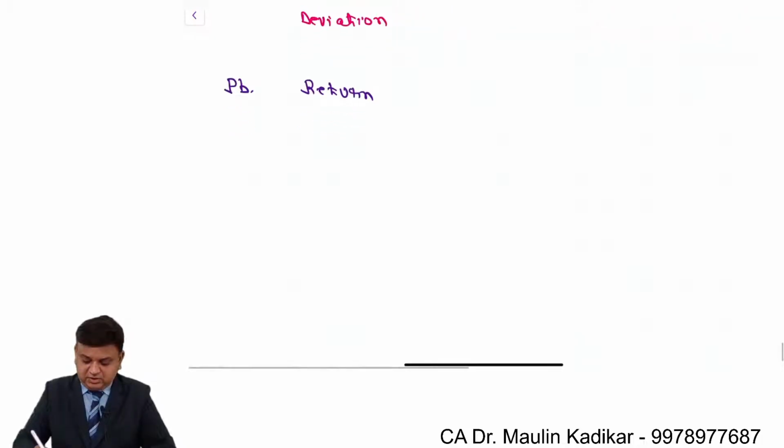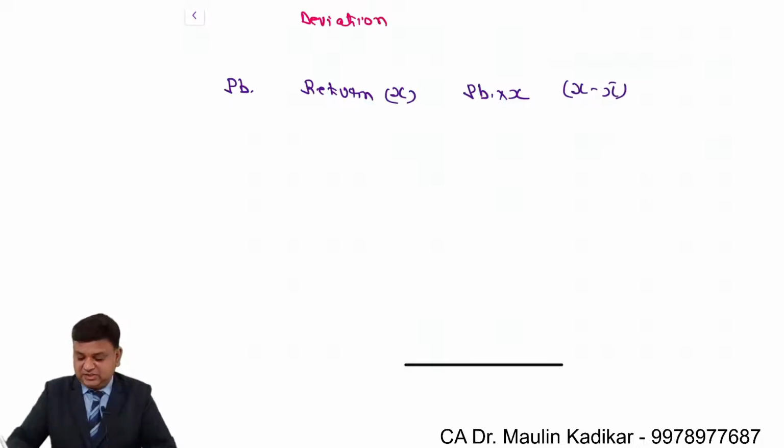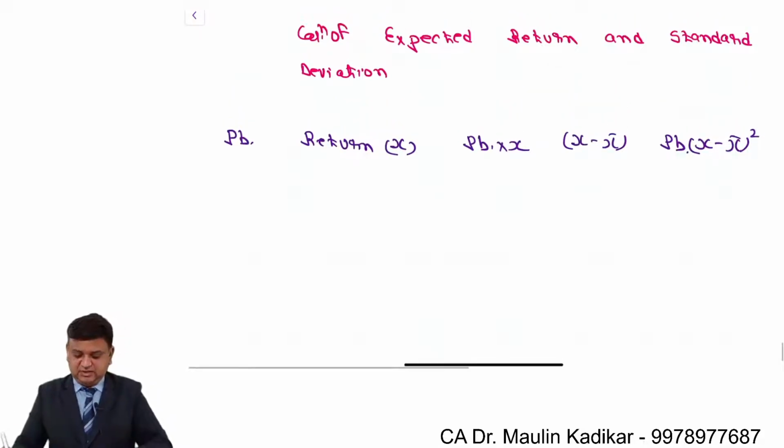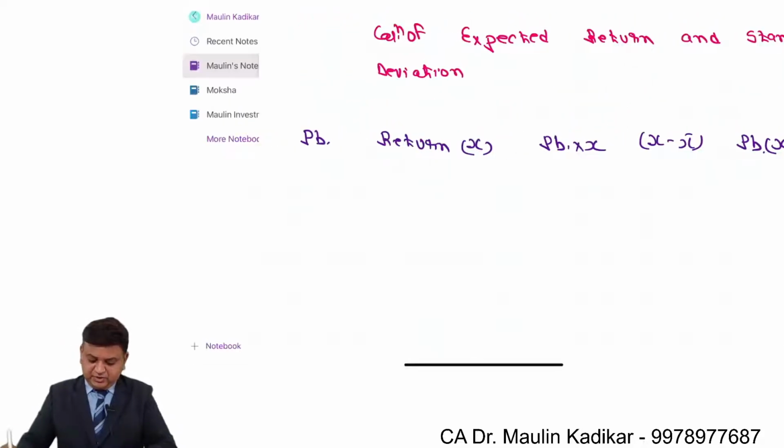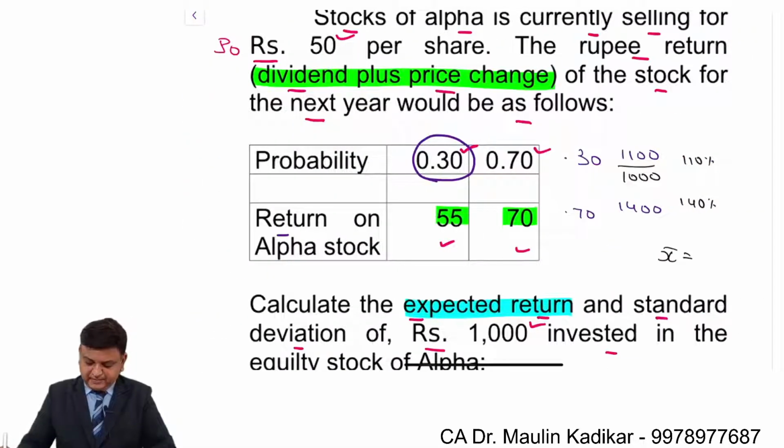Column number 2 is return. We assign x variable to it. Probability into x, that is x bar. Then x minus x bar. X minus x bar whole square into probability, and summation of that is variance. That is the way we make the computation of the variance.